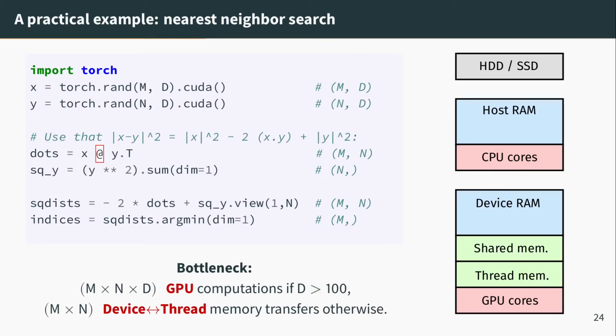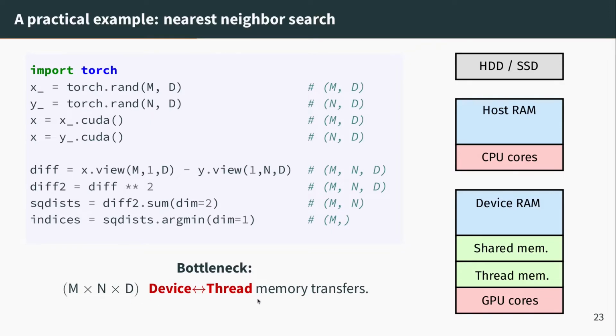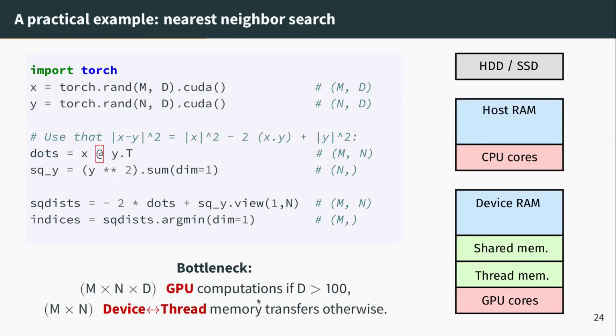Well, a first option, which is very popular in the machine learning community, is to leverage the fact that the squared Euclidean distance has a nice mathematical form.